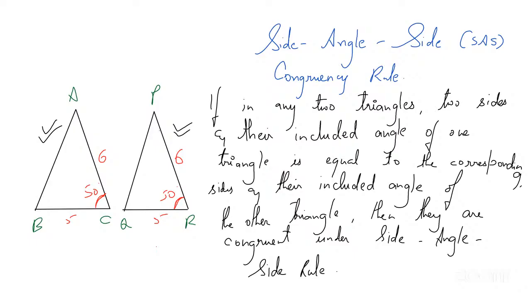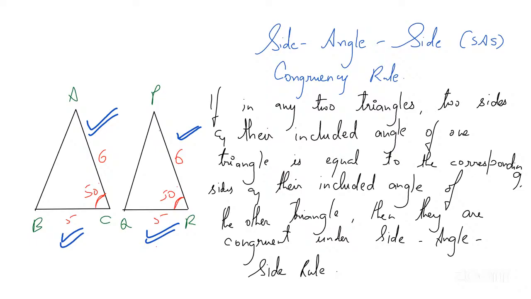Yes, I said the included angle means the angle between them. For example, this side, this side, and this side we are taking. Of this triangle, the lower side and the right side we are taking, AC and BC, and in the other triangle PR and QR.